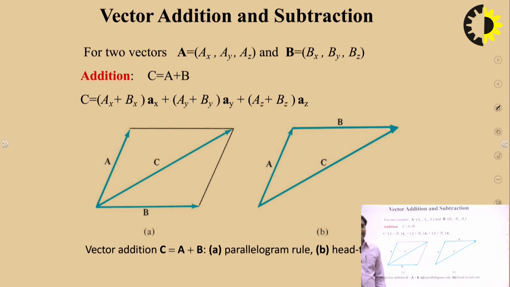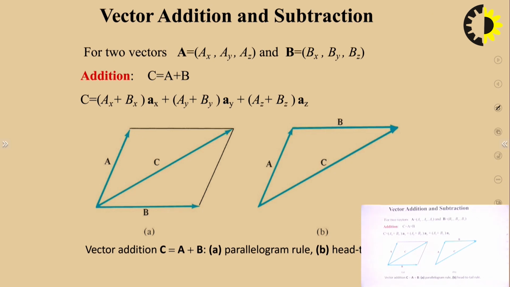Suppose there are two vectors, where vector A is defined by Ax, Ay, Az, the magnitudes of that particular vector in the direction of x, y and z, and vector B is defined by Bx, By, Bz, having the magnitudes in the directions x, y and z.